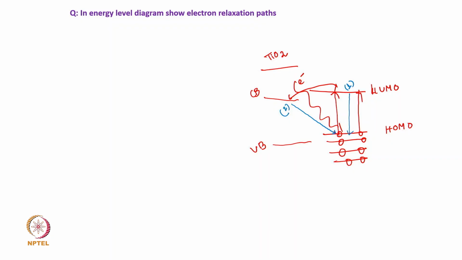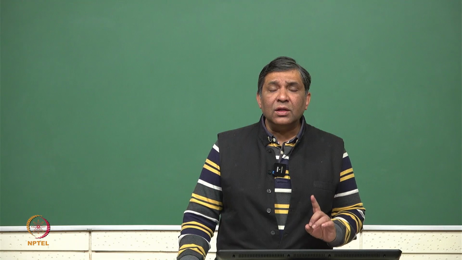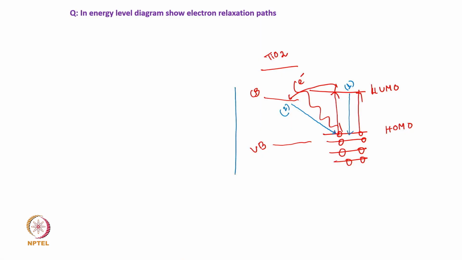So, this is another relaxation path. Or this electron which is there in the conduction band, instead of transporting to the TCO which is connected with the TiO2, can jump to the redox potential level of the electrolyte and can make another relaxation or recombination path.